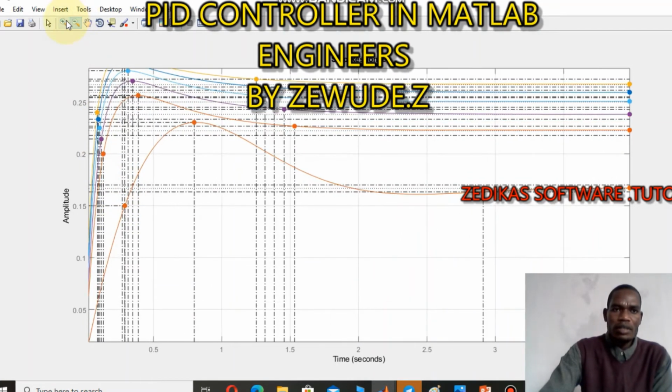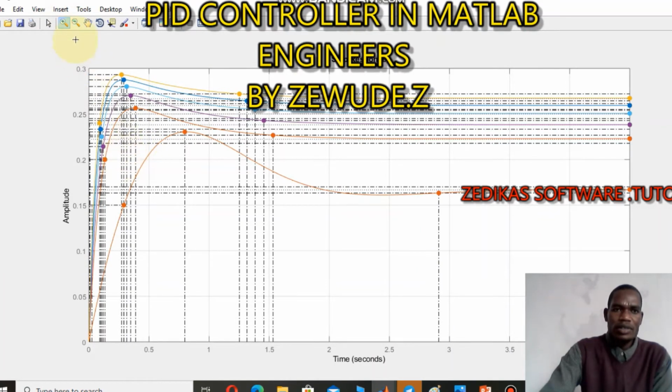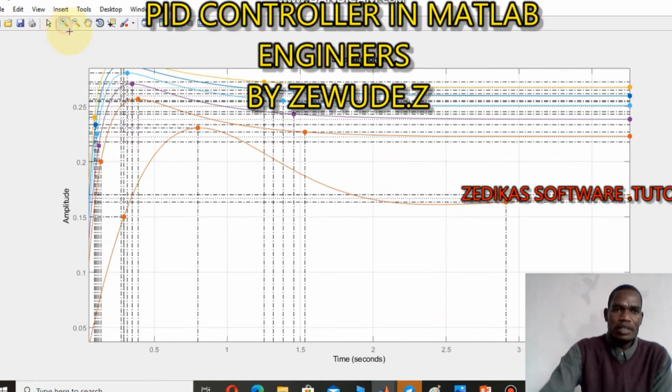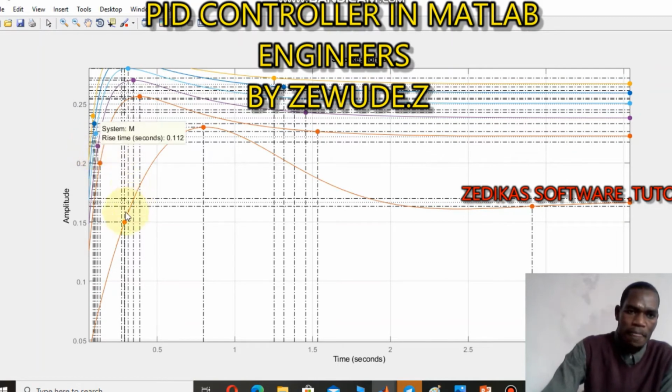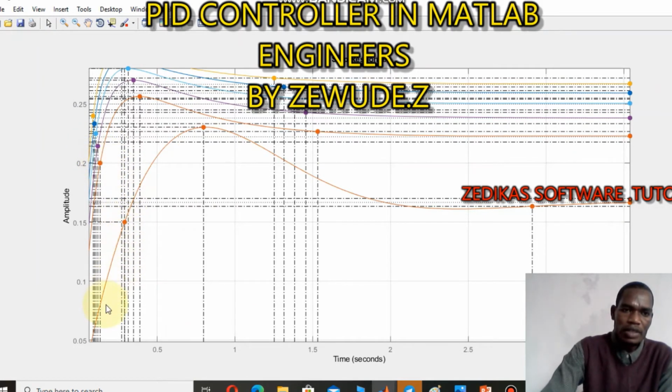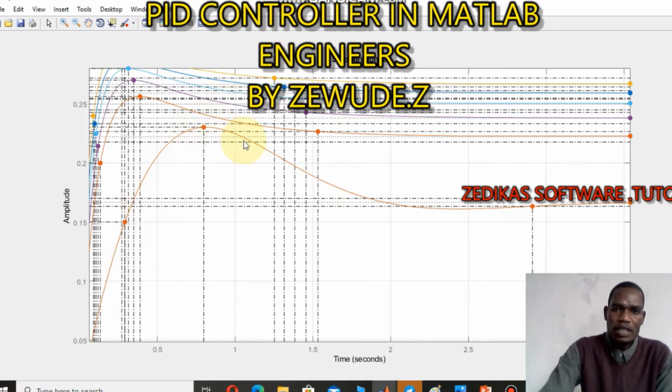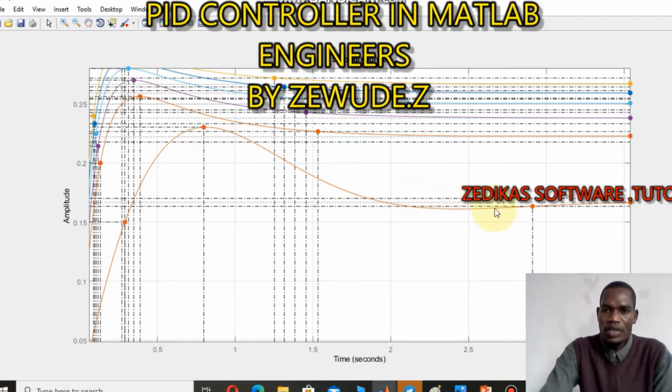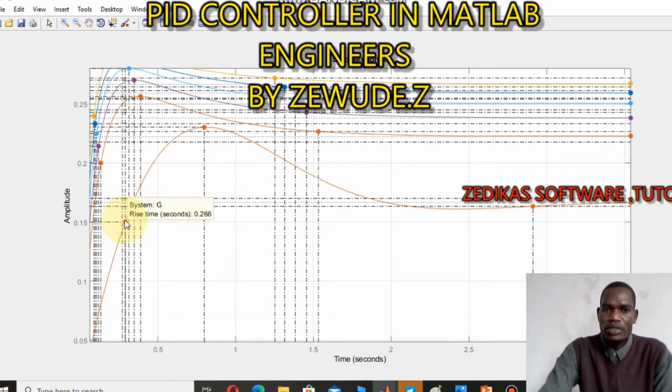Let me clarify for you. There is a rise time here. The graph is coming from down to here, it goes to the peak point, and then down here, where it starts settling. So there is a settling time here. The settling point, the peak point, and the rise time. So the rise time, peak value, and the system settling point.